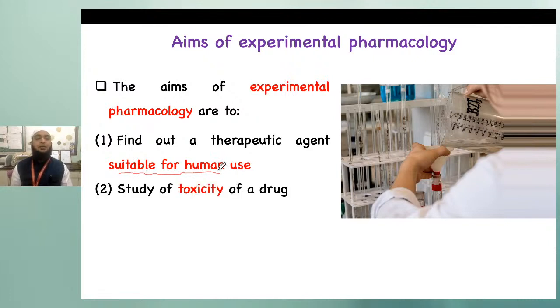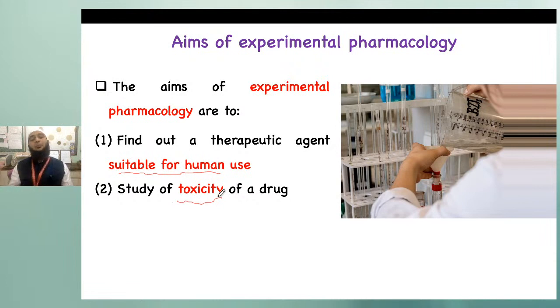The second important aim is the study of toxicity of the drug. Because if you see the definition of a drug, at overdose or a high dose it can be toxic, or a poison or toxic substance at an appropriate dose can act as a drug. So a drug can be a poison or a poison can be a drug.